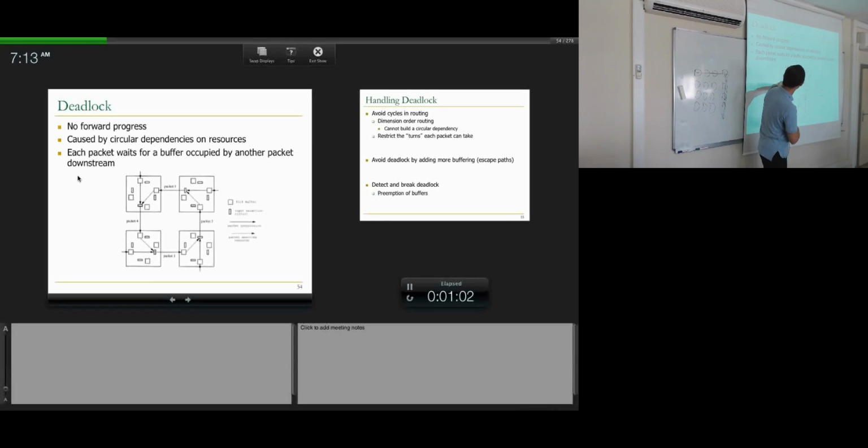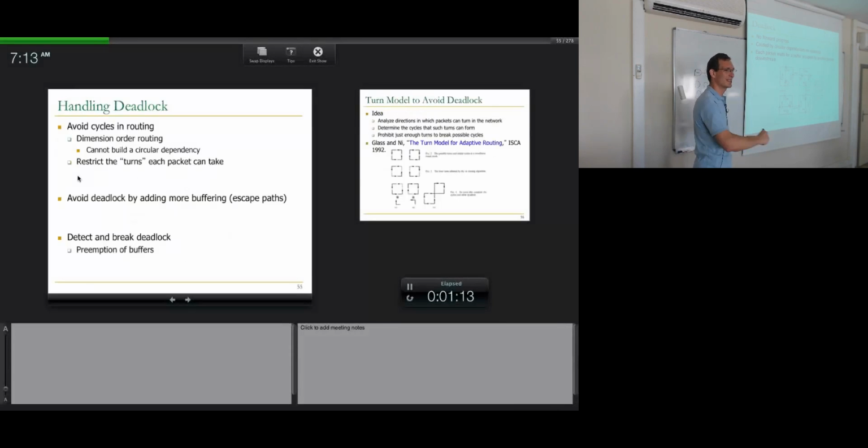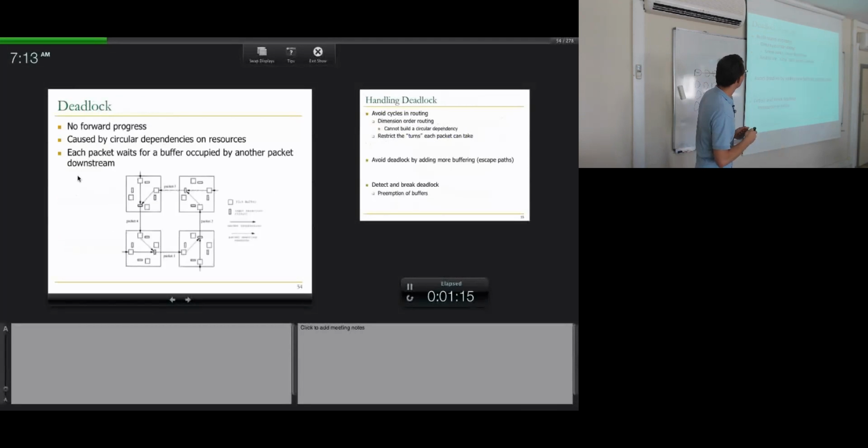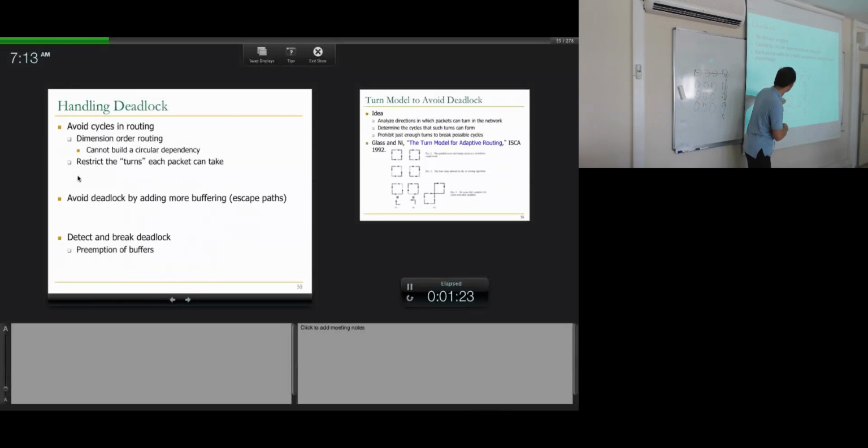And you can run into these deadlock situations because of your routing algorithm. In this case, the routing algorithm is not XY. Some packets are actually going in the YX direction also. They're taking the Y path first and the X path next. And basically, how do you handle deadlock? Basically, you should ensure that these cycles do not happen somehow, right? This is a bad cycle.